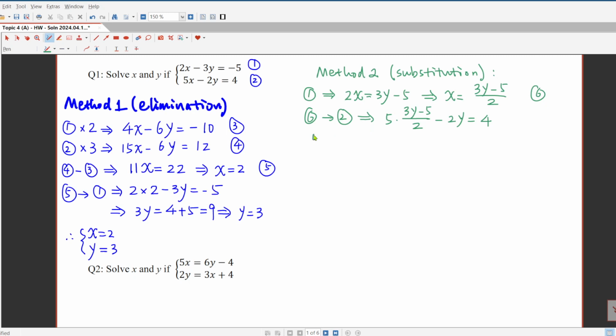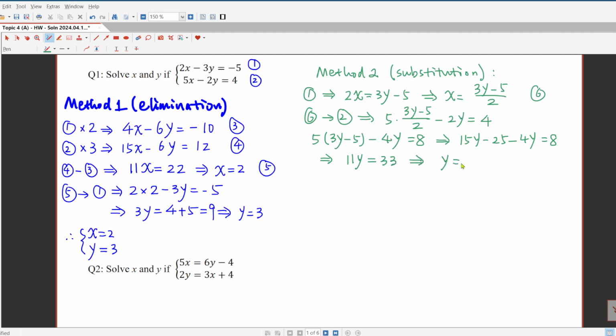In that way, we will have 5 times (3y minus 5) minus 4y equals 8, right? And this gives us 15y minus 25 minus 4y equals 8, which is further simplified to 11y equals 25 plus 8, which gives us 33, right?